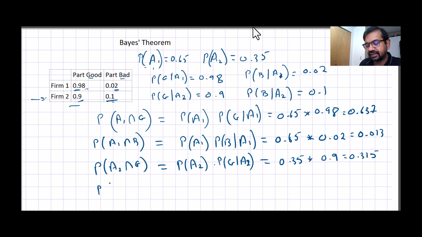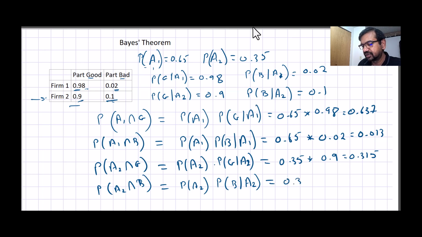And then finally, the last cell gives us the probability that we got our part from A2 and that part is bad. That's given by the probability of getting it from A2 times the part being bad, conditional on the part coming from our second supplier, which is 0.35 times 0.1, which is 0.035. So these are our 4 intersections.